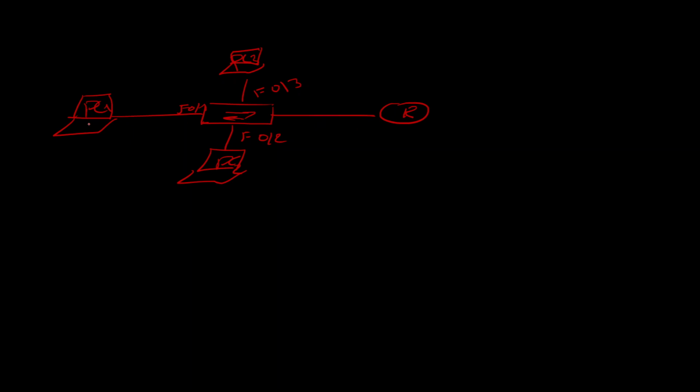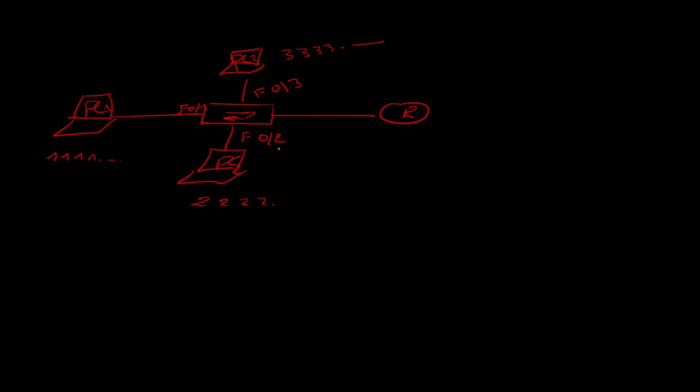Let's say PC1 has a MAC address that starts with 1111, for simplicity. PC2's MAC address starts with 2222, and PC3's MAC address starts with 3333, and we don't care about the rest.